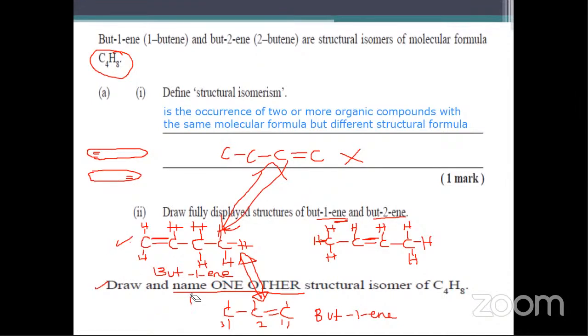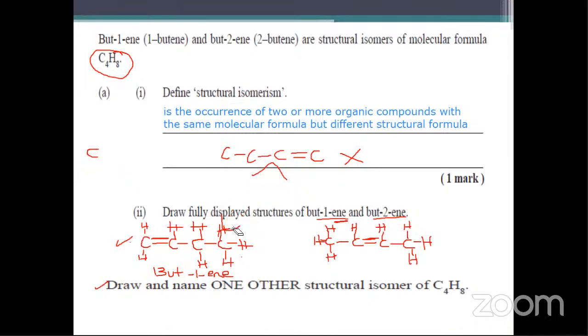So we're going to draw the actual another structural isomer of C4H8. What I would do, and the main thing is you would draw the alkene, and then you would draw it with a branch. And then you draw a branch.